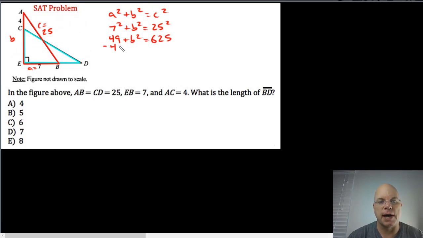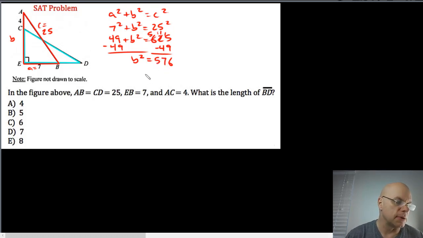If we subtract 49 from both sides of that equation, we get b squared is equal to this difference, which is 576, which happens to be 24 squared. So b is the square root of 576, which is exactly 24.